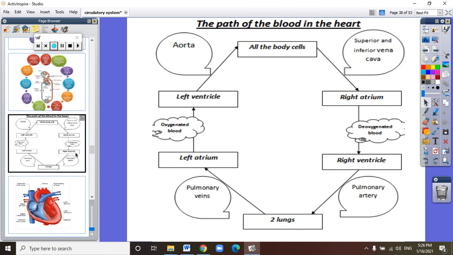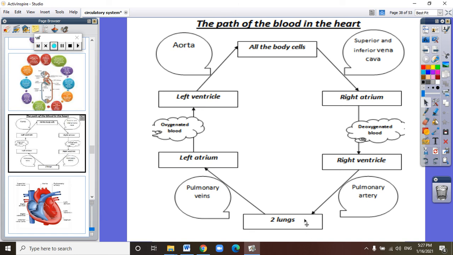At first, the superior and inferior vena cava collect the deoxygenated blood from all the body parts and give it to the right atrium. So the right atrium pumps the blood through the valve to the right ventricle. This blood is deoxygenated blood. The right ventricle pumps the deoxygenated blood through the pulmonary artery to the lungs.